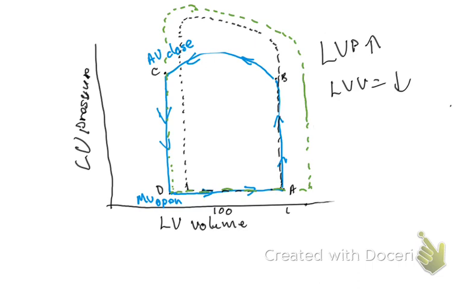So left ventricular pressure is high, left ventricular volume is high as well, and you can identify several diseases from that. For example, if you have left ventricular volume and left ventricular pressure high, it could be fluid overload.